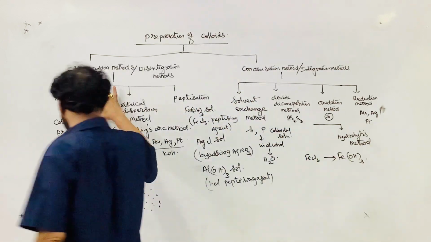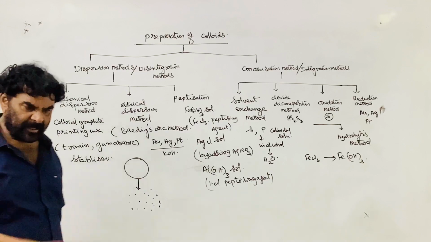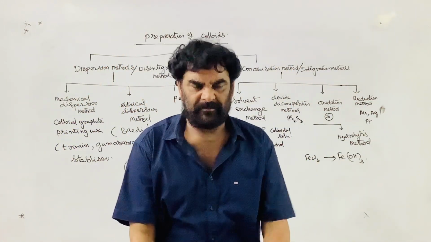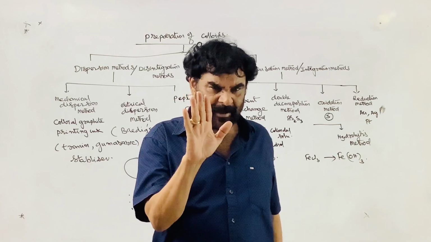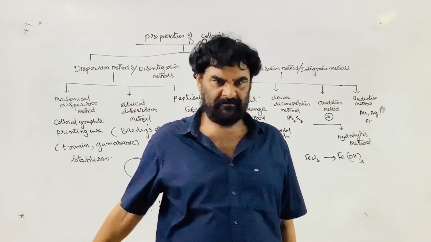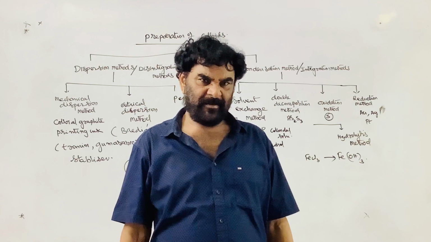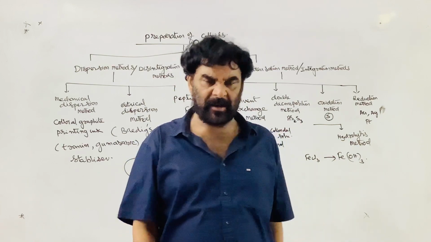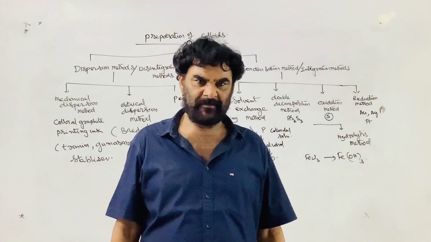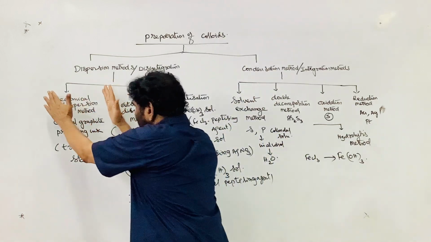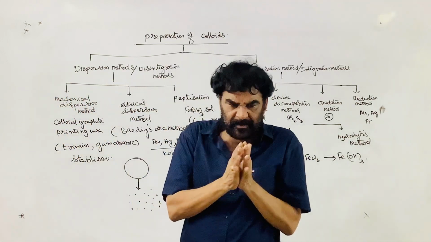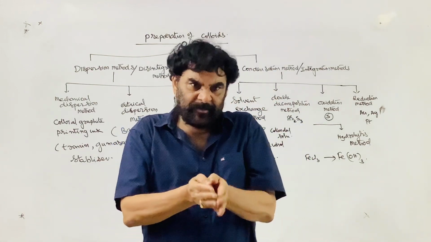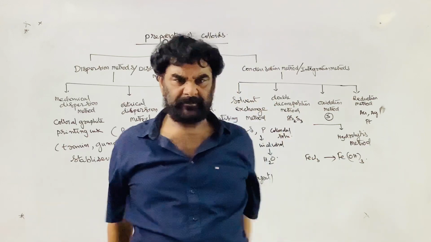Now a colloidal mill is used. It is just like a flour mill, where wheat and such things are converted into powdery form. In the mechanical dispersion method, this slurry is poured into the colloidal mill.